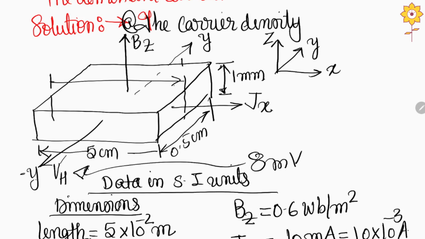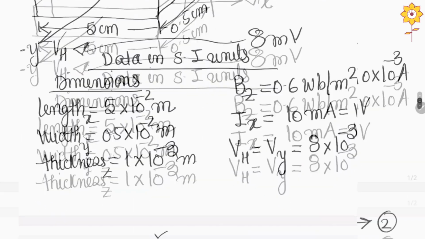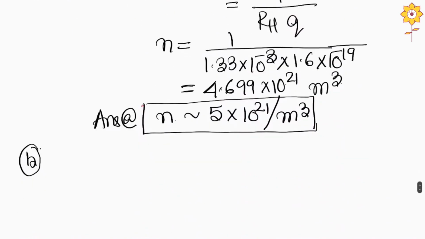Of course, the electron flow will be in the opposite direction, and the current is going to be in this direction. We are speaking of that voltage as 1 millivolt, and because of this 1 millivolt applied, you are having a current of 10 milliamps, and we have to now use this particular data to find out the value of the mobility.